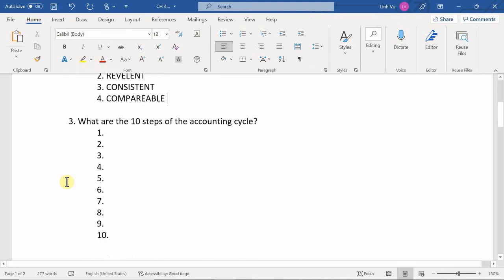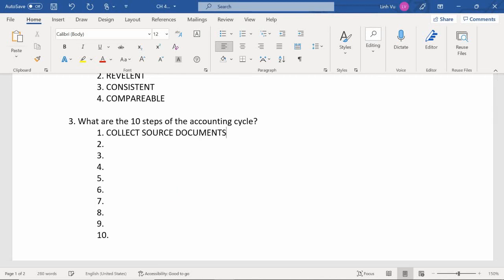All right. Number 3, what are the 10 steps of the accounting cycle? Collect source documents. Okay. What else? Analyze and sort data. Okay. What else?